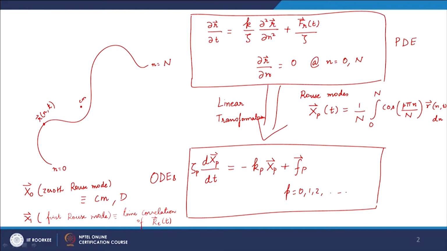Okay. So, now what do the higher Rouse modes represent in that case? It turns out that they have a very clear meaning, and the meaning is the following.